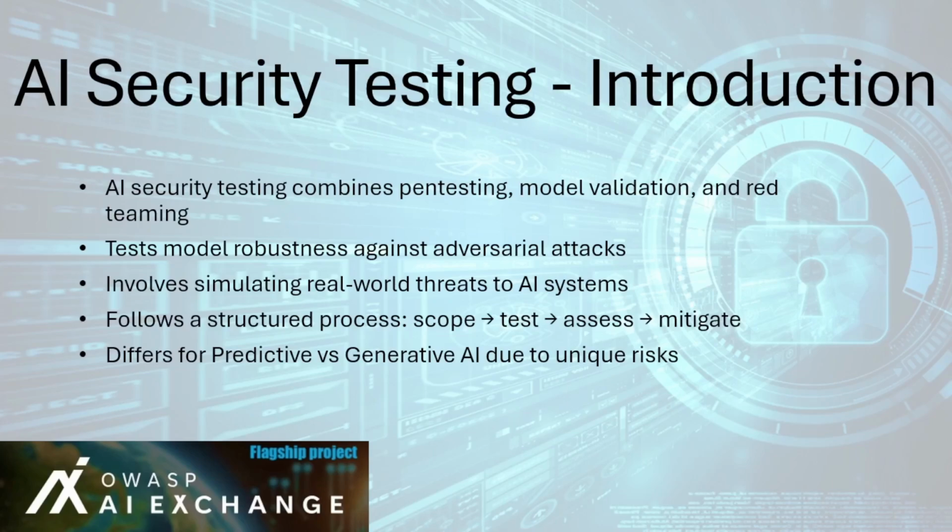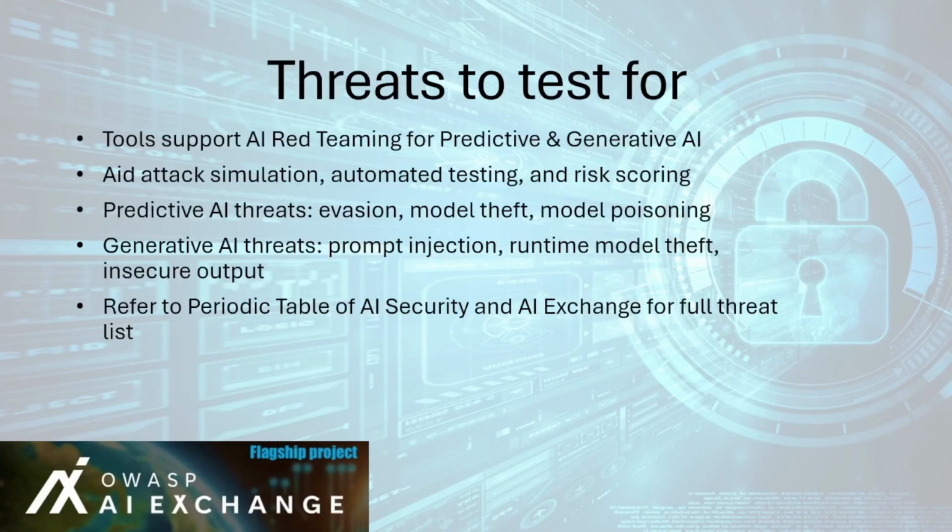Integrate testing into the secure development lifecycle and continuous validation pipeline. And 4. Use frameworks like OWASP AI Testing Guide for consistency. AI red teaming goes beyond accuracy checks. It actively challenges the system's defenses. Regular AI-specific testing ensures robustness, safety, and compliance in real-world operations.